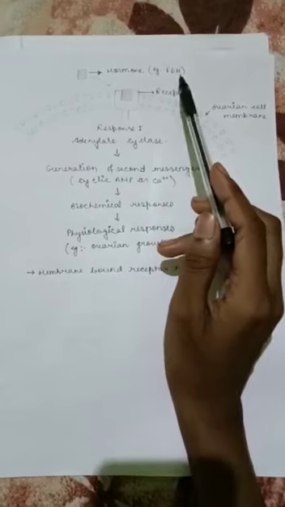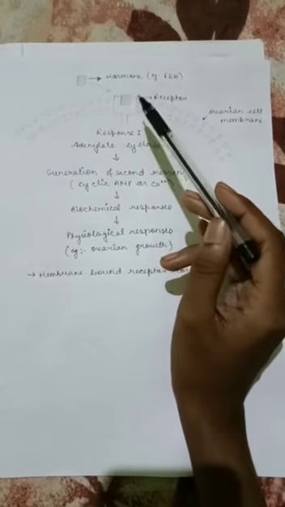Here we will know about the mechanism of membrane bound receptor hormones. So first, hormone, example, FSH. They will just come to their receptors on the membrane. They generally don't enter the target cells.